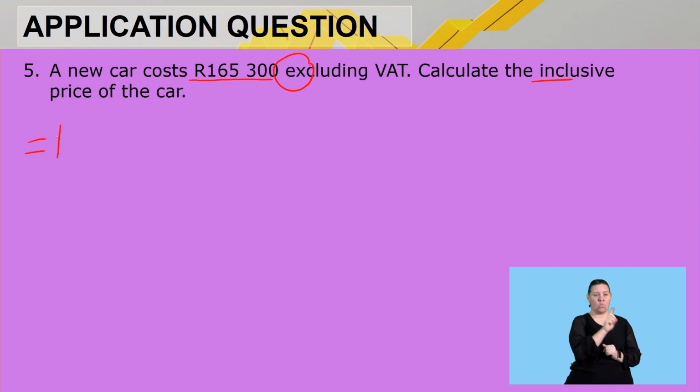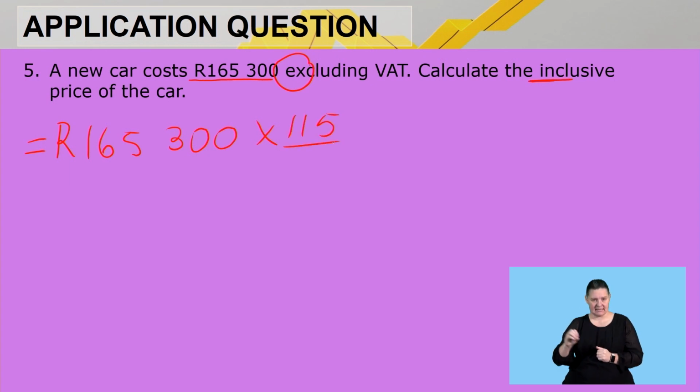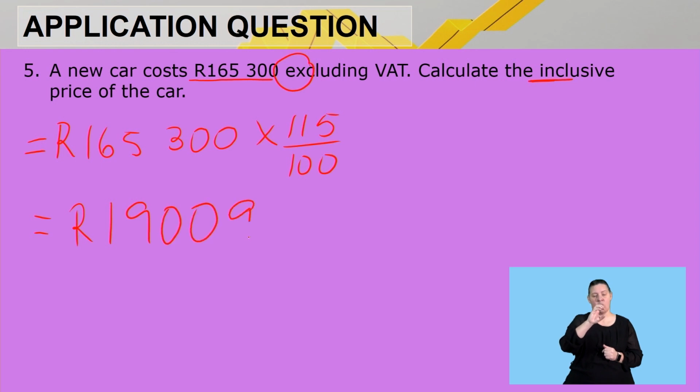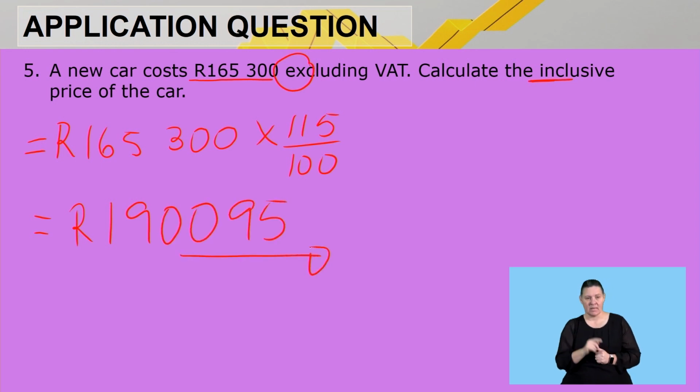So we have 165,300, which will be multiplied by the formula that we are using for VAT inclusive, 115 over 100. This gives us a total amount of 190,095. So this is the total amount I'll be paying if I want to purchase this car.